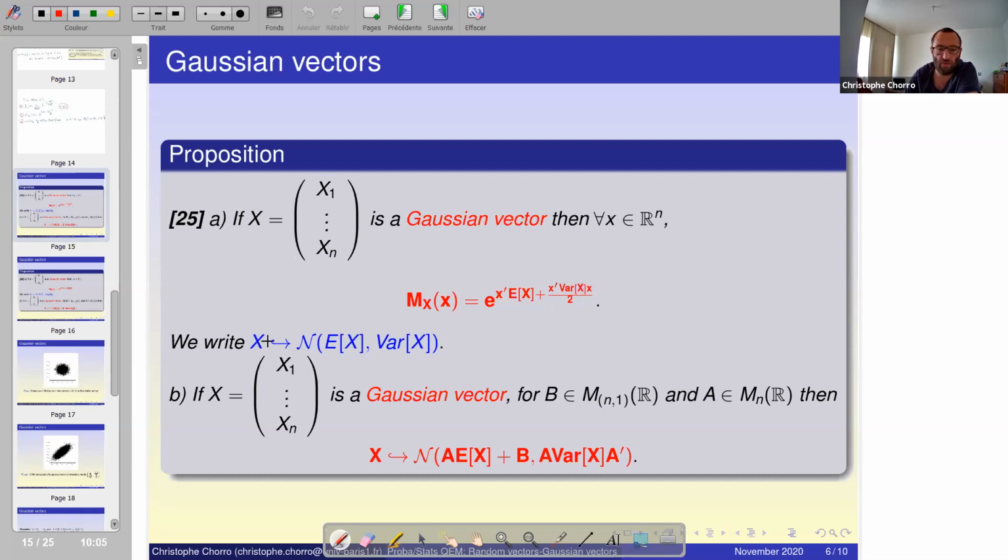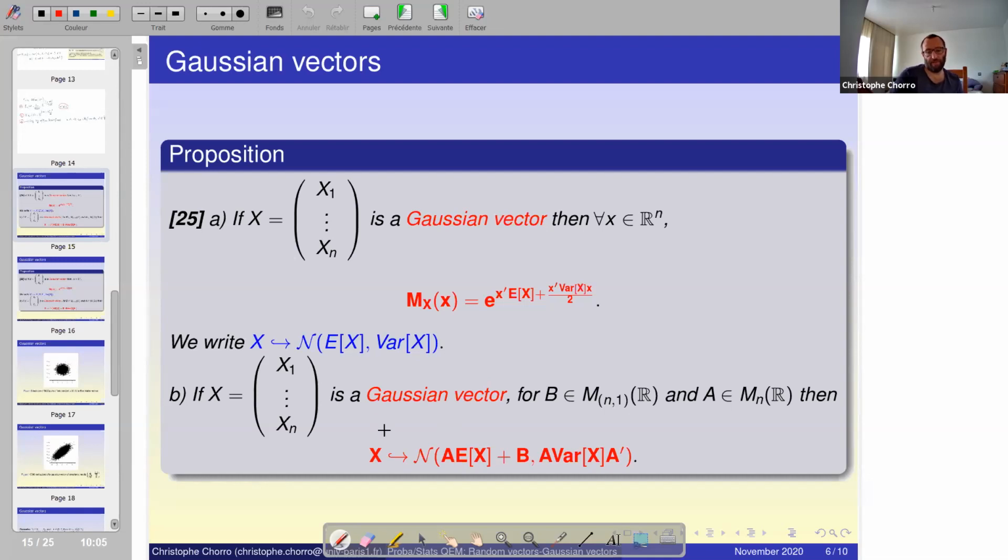A Gaussian vector has a distribution perfectly characterized by its expectation and its variance covariance matrix. So exactly what we have done in the case of a single variable, we will be able to extend to the case of a Gaussian vector.